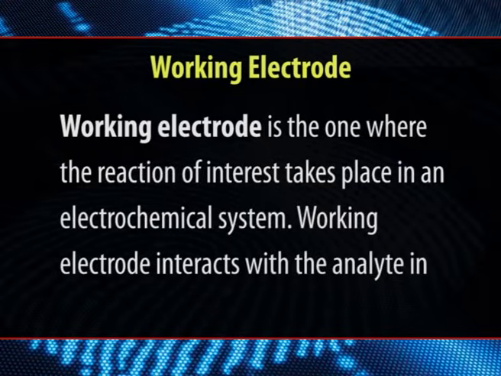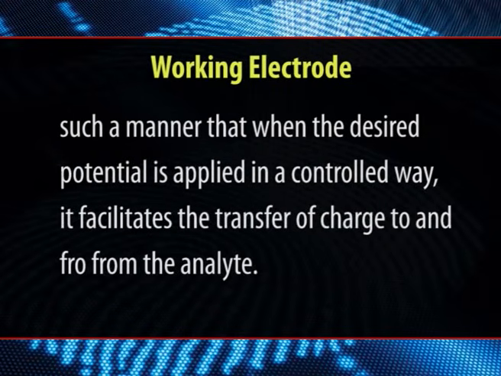Working electrode interacts with the analyte in such a manner that when the desired potential is applied in a controlled way, it facilitates the transfer of charge to and fro from the analyte. The working electrode is ideally the one which shows a large change in potential when a very small current is passed through it.